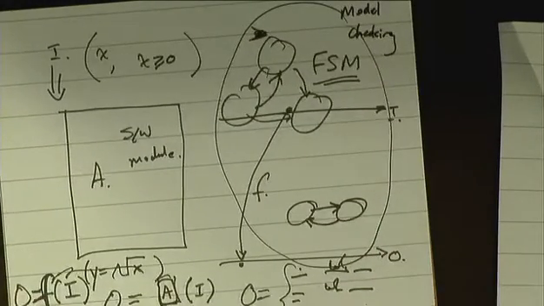Model checking is actually one of the most successful kinds of formal method up to this point, because you have some automated execution capability that comes with it.